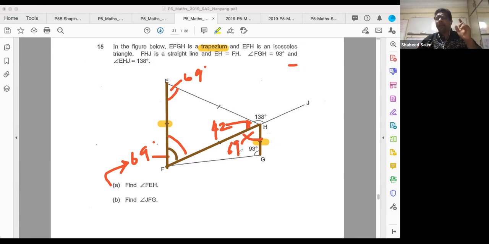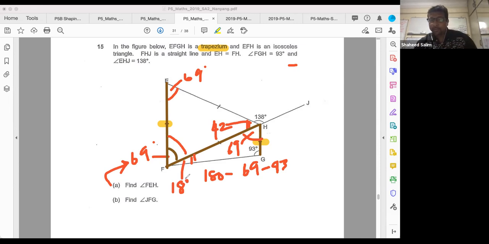Maybe Carissa has another way. To find this angle, very simple: 180 minus 69 minus 93. Now use your calculator and find out. 180 minus 69 minus 93 is 18 degrees. JFG is 18 degrees.